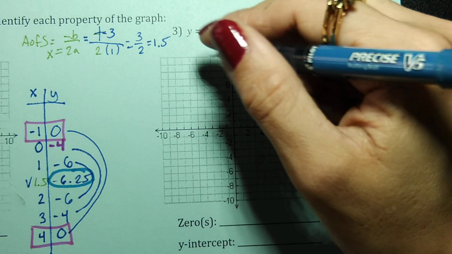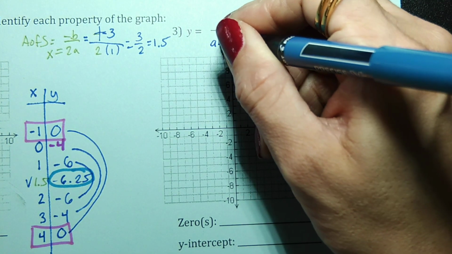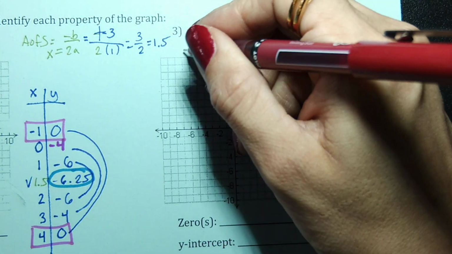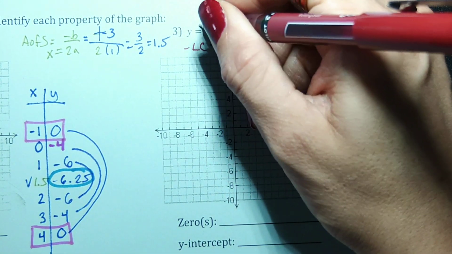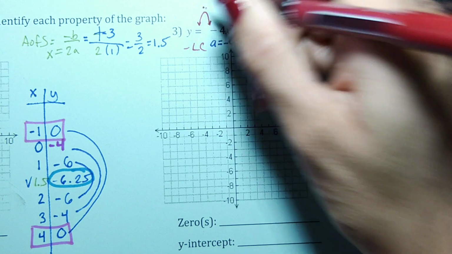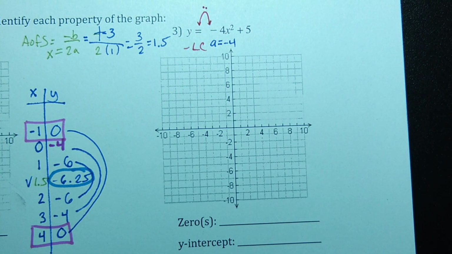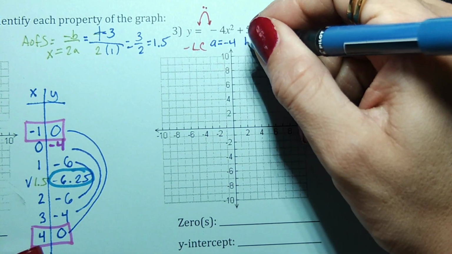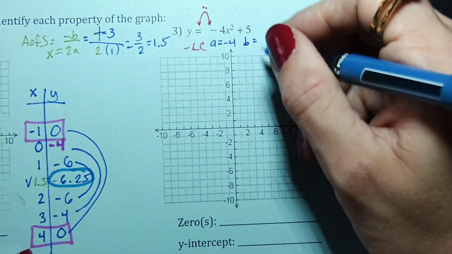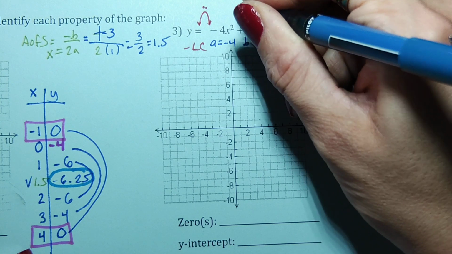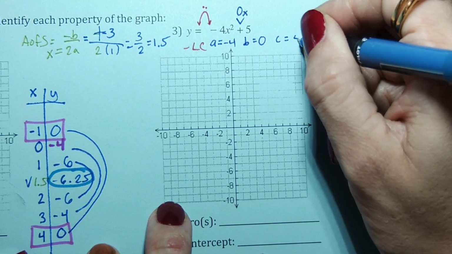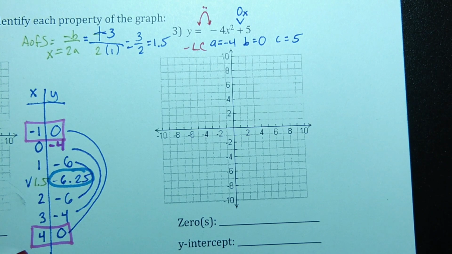So that means A is -4, so it's a sad graph because our leading coefficient is negative. So if you wanted to, you could state the end behavior from the get-go. Our B value then is what? 0. 0, because this is like having 0x plus 5. And then 5, that's going to be our C value.